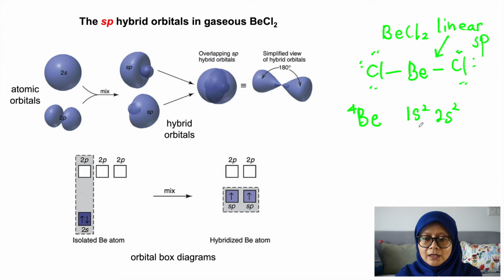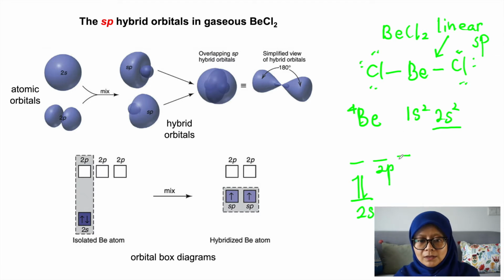Here you need to determine which one is the valence electron for beryllium. In this case, the 2s2 will be the valence electron. Other than determining the electron configuration, you need to have the 2s with 2 electrons here, and then after the 2s, we are going to have the 2p, which is 2p0 here.